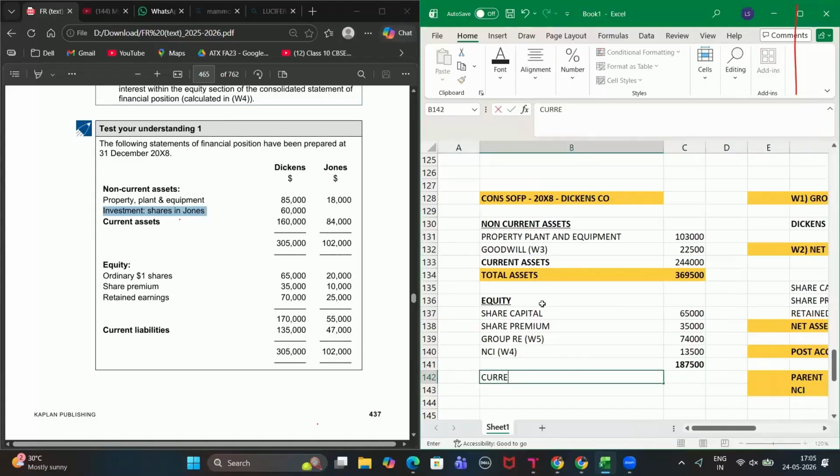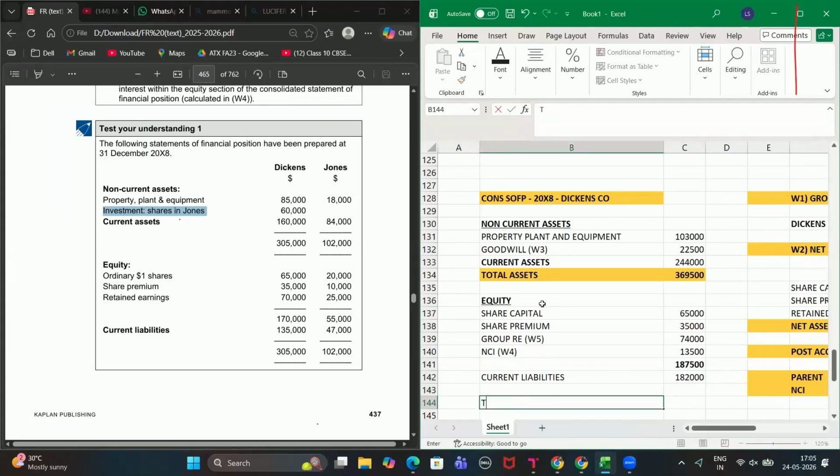So, what else do we have? Liabilities, right? Current liabilities. How much is the current liability? 135,000. Is it only 135,000? No, we have to add what? 47,000. So how much will be the total?